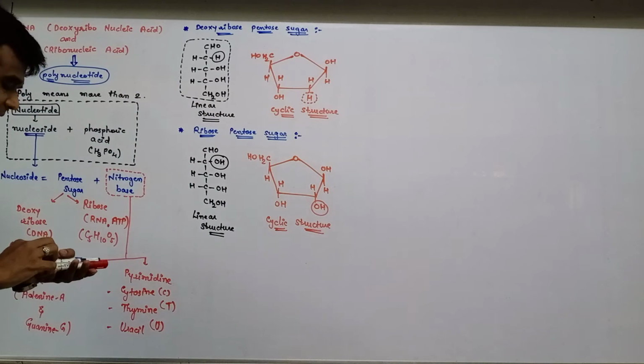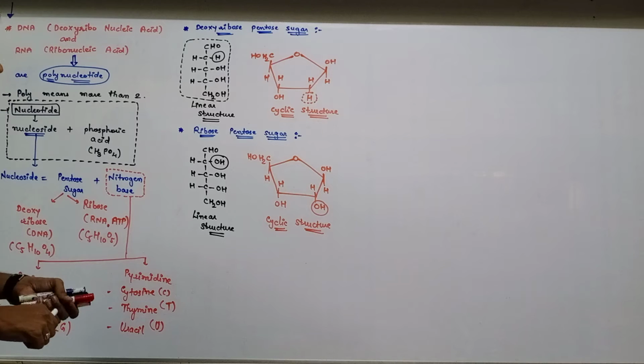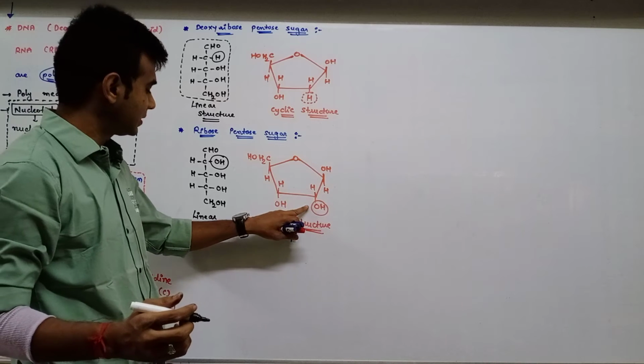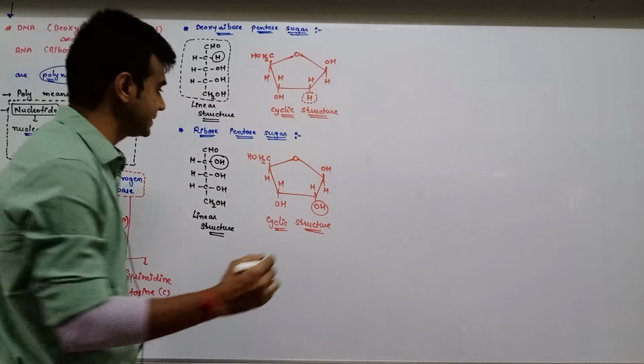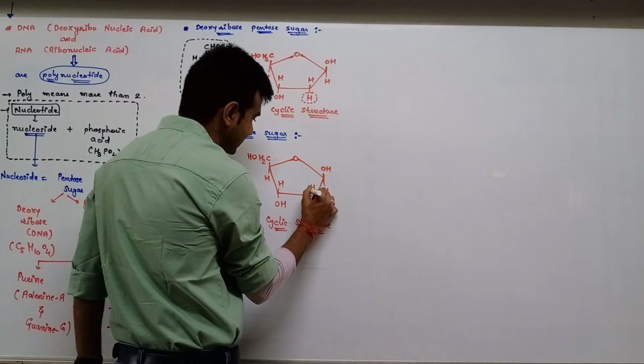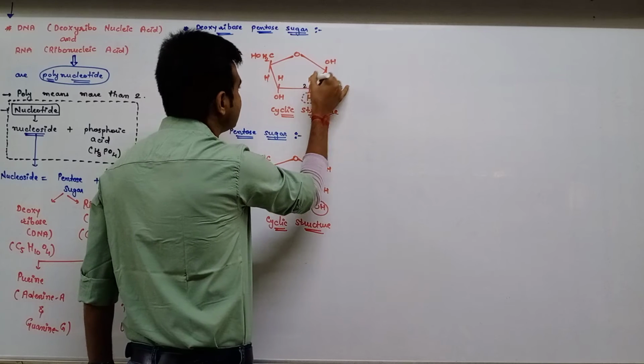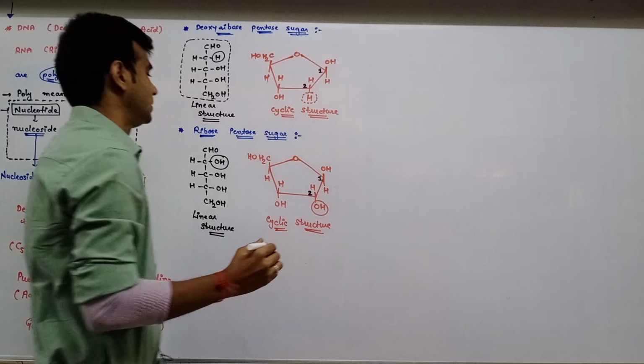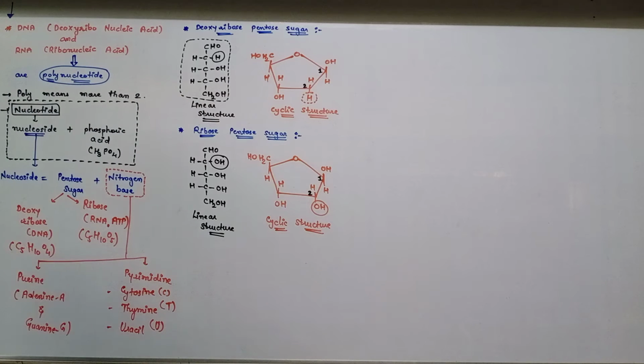Okay, so this is the cyclic structure, and here, as I told you earlier, the only difference is on the second carbon. So this is the second carbon and this is the first carbon. Okay, now the phosphoric acid.